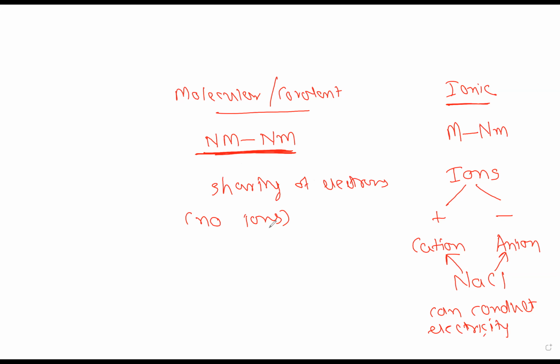The ion only forms when they donate or accept electrons. If one element is going to donate, the second element is going to accept the electron, and that's how they form the charges, or that's how they form the ions. In this case, they share the electrons, so none of them is going to form any sort of ions. If they do not have any ions, it will not conduct the electricity.